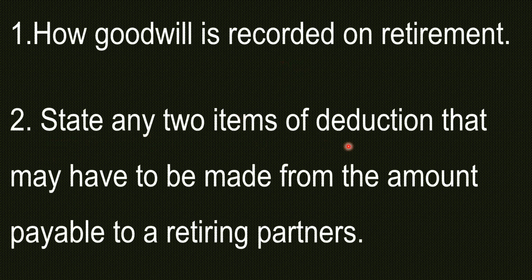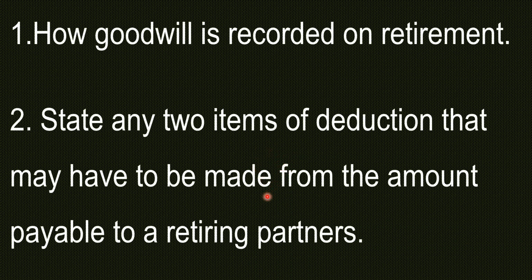State any two items of deduction that may have to be made from the amount payable to a retiring partner. We know that at the time of retirement, many things are credited to the retiring partner's capital account, like the opening balance of capital, general reserve, profit on revaluation, and the value of goodwill.